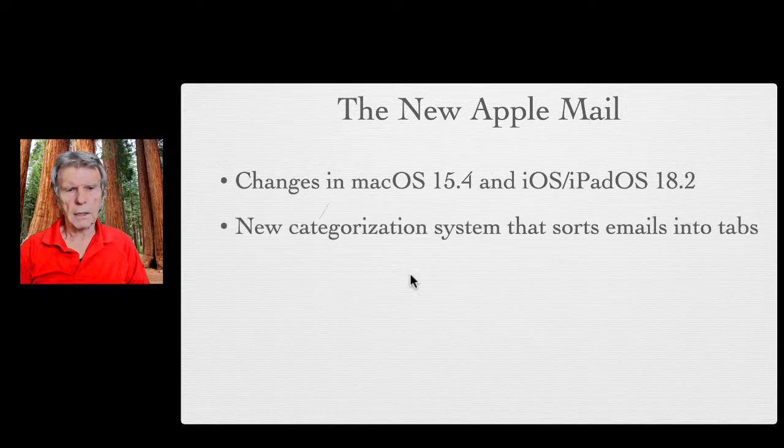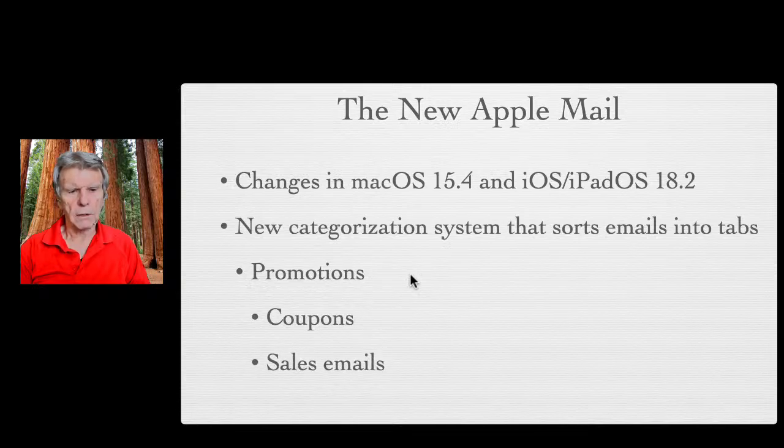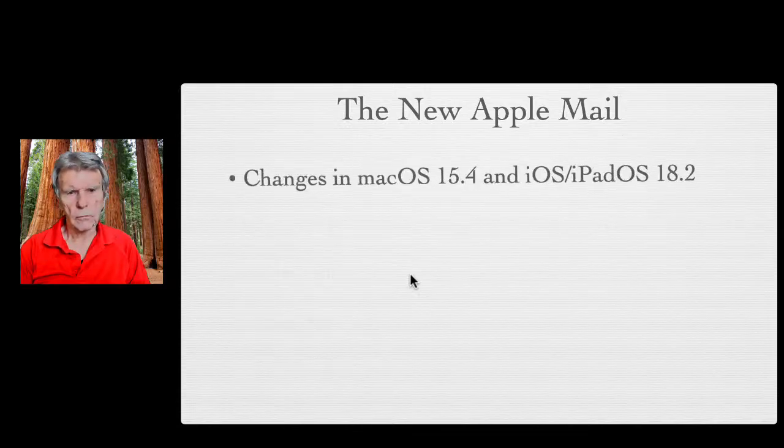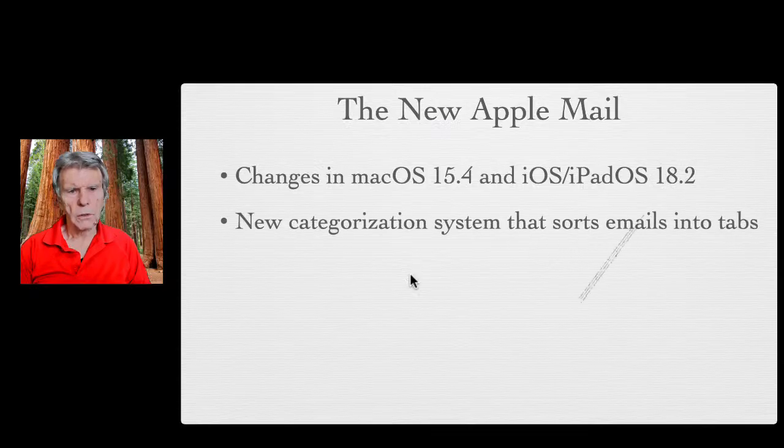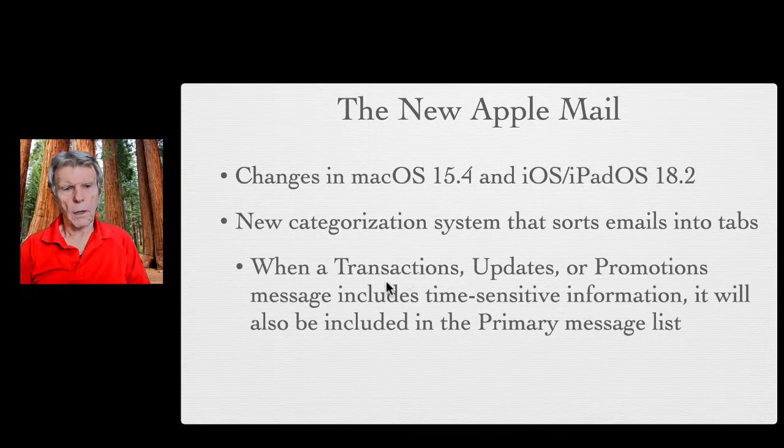And last but not least, we have promotions. Those will be coupons and sales emails. When a transactions, updates, or promotions message includes time-sensitive information, it will also be included in the primary tab. So it can be two places at once.